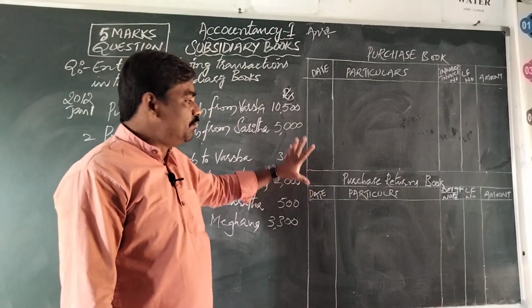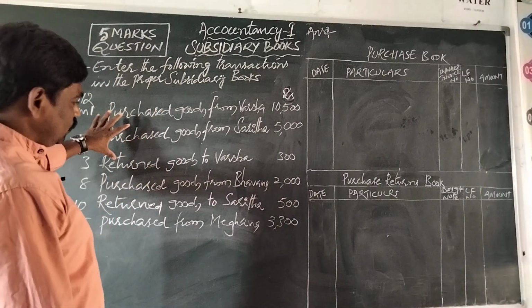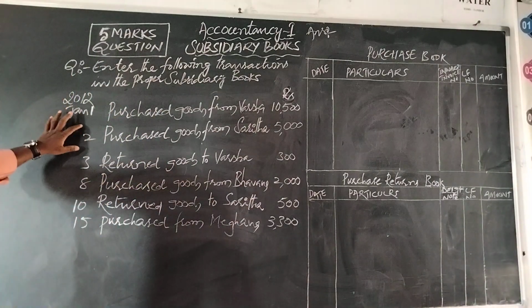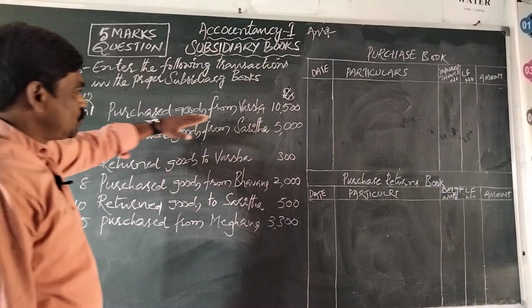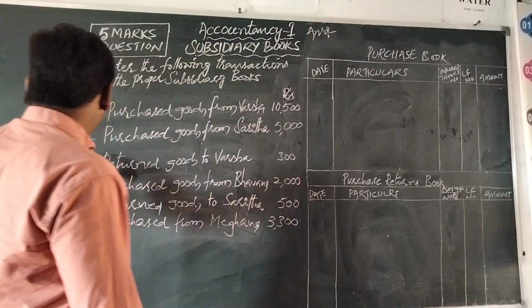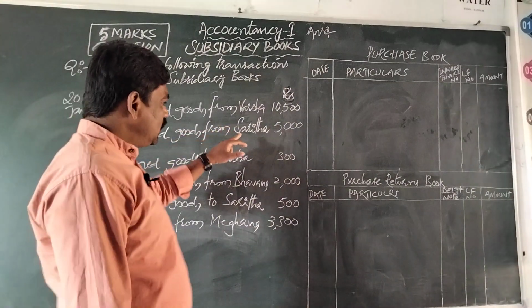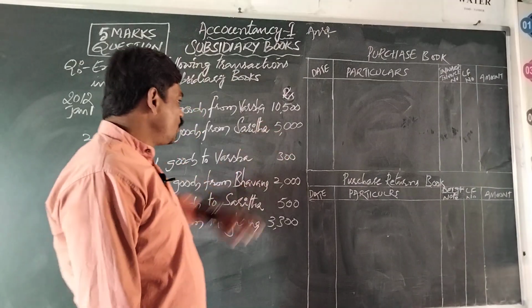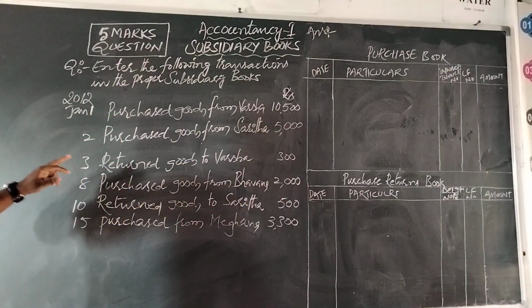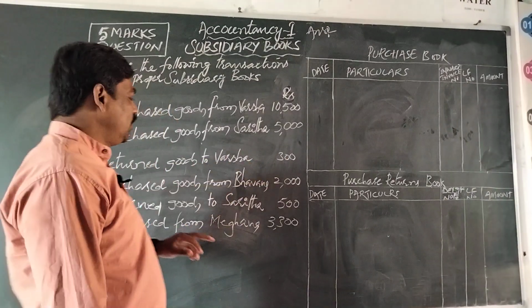If you observe the transactions: January 1st 2012, purchased goods from Varsha, rupees 10,500; January 2nd 2012, purchased goods from Sarita, rupees 5,000; and January 3rd, returned goods to Varsha, rupees 300.